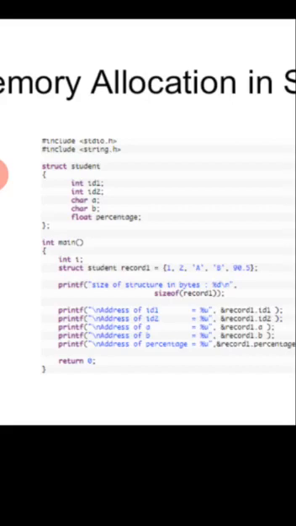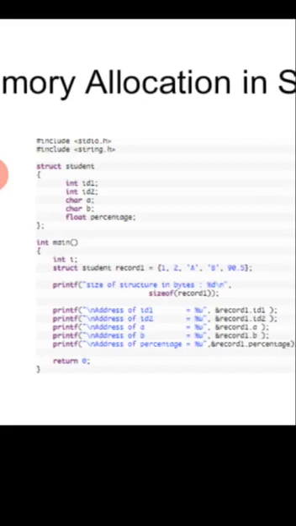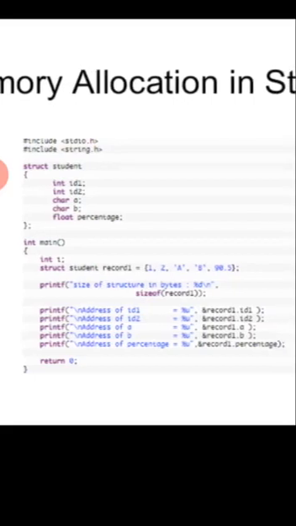So 4 plus 4 plus 4 plus 2. According to this scenario, the size of the structure using the sizeof operator is going to be 14. But what has happened over there? When we display the size of record 1, what is going to be displayed?